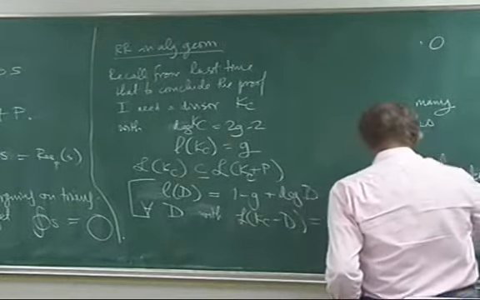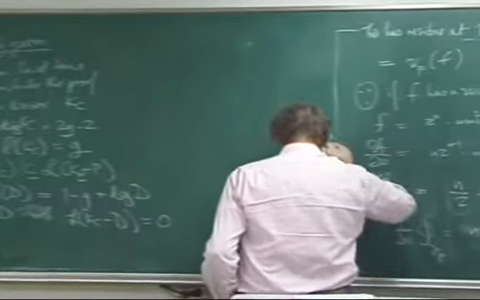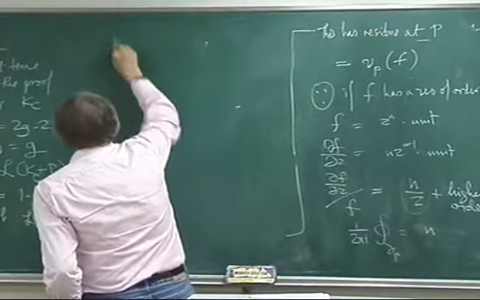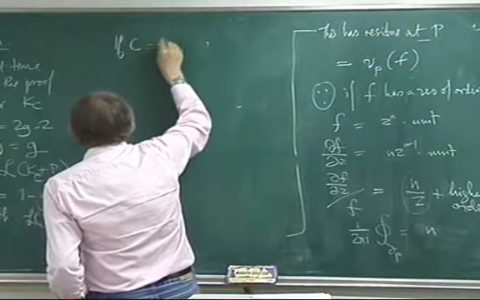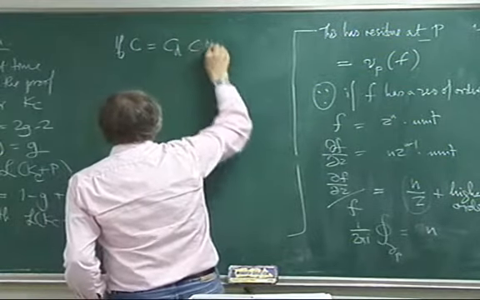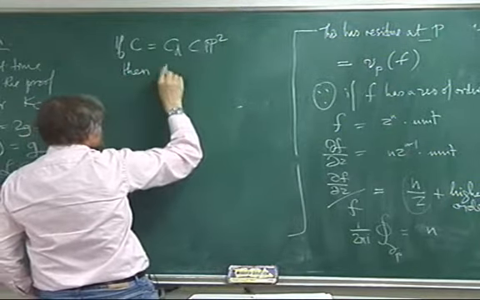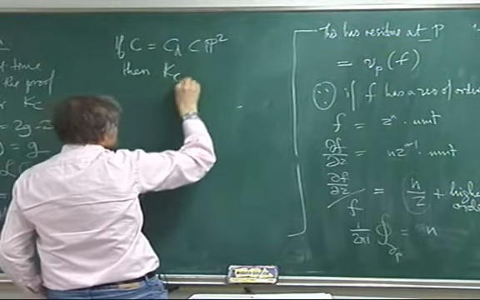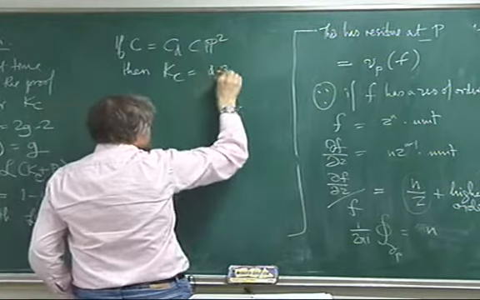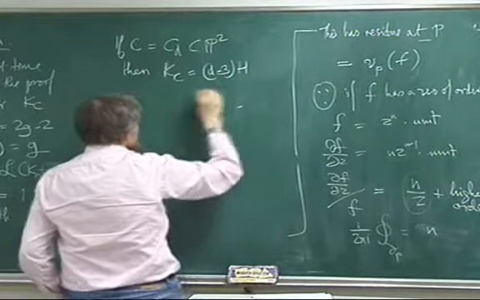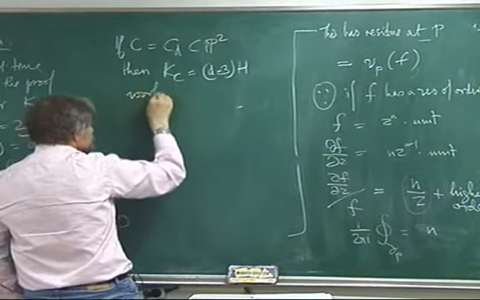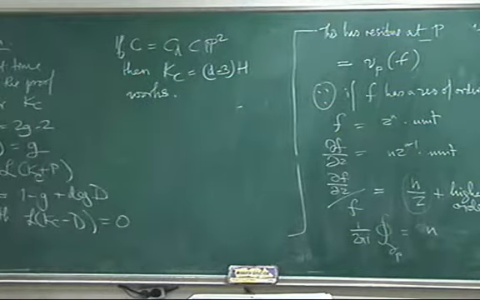So the proof. I want to give a proof of this in algebraic geometry, and as I explained last time, if C is a non-singular curve of degree D in P2, then Kc equals D minus 3 times H works. Right?